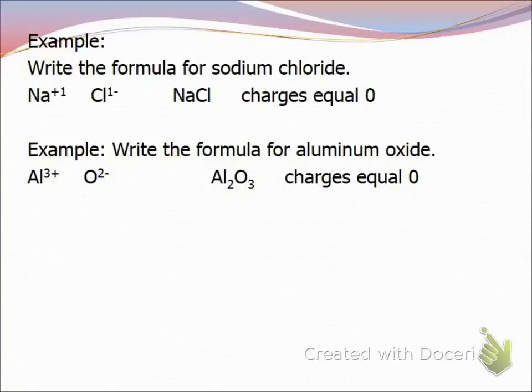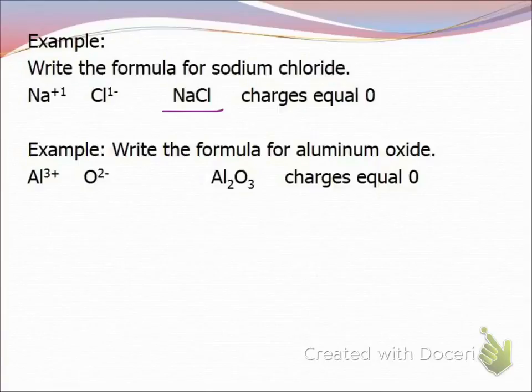All right, so here is an example. I'm going to start with the easy one, and that is sodium chloride. We know that sodium's charge is a +1. We know that chlorine's charge is a -1. So they're literally just going to go together in a 1-to-1 ratio because now their positives and negatives are equal to each other. Aluminum and oxygen are a little bit different.